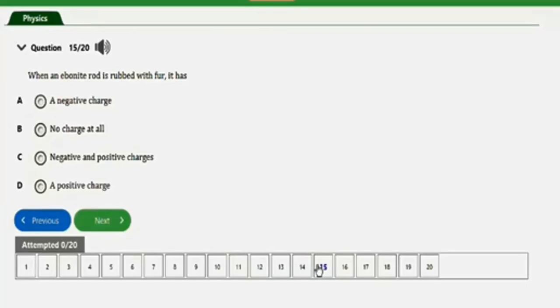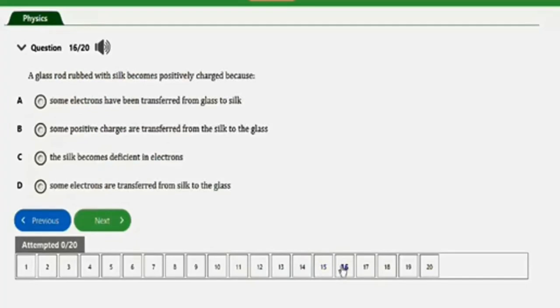Okay, so then the next question will be this one. It says a glass rod rubbed with zinc becomes positively charged because some electrons have been transferred from glass to zinc. No, some positive charges are transferred from zinc to the glass. Option C, the zinc becomes deficient in electrons.